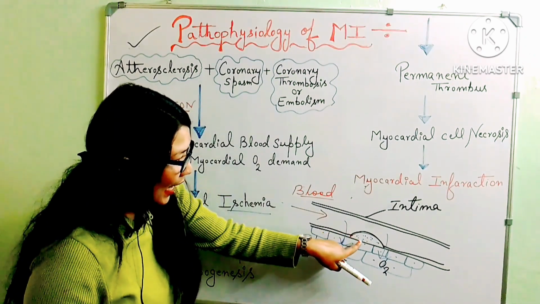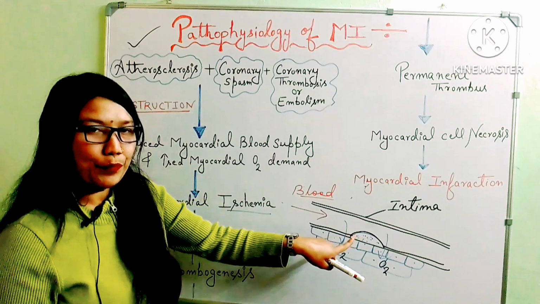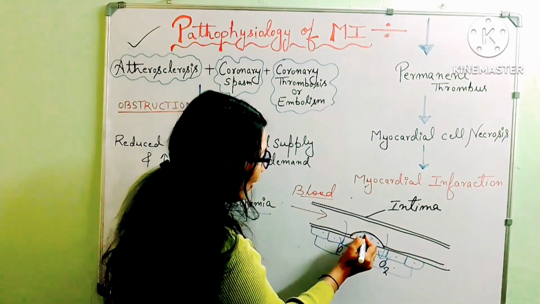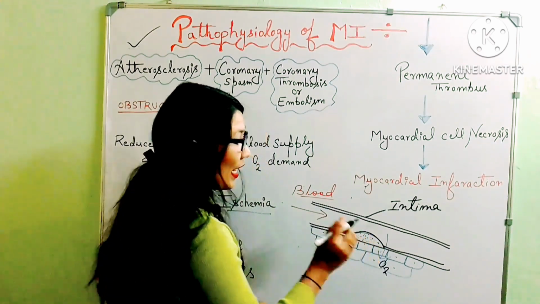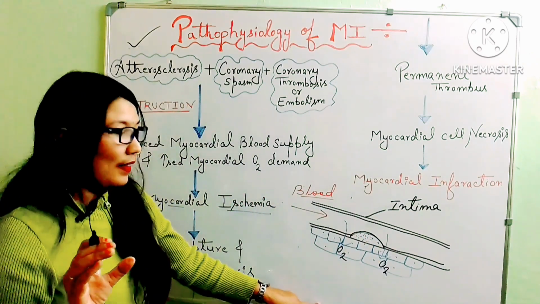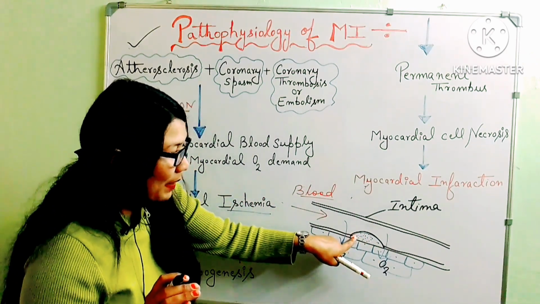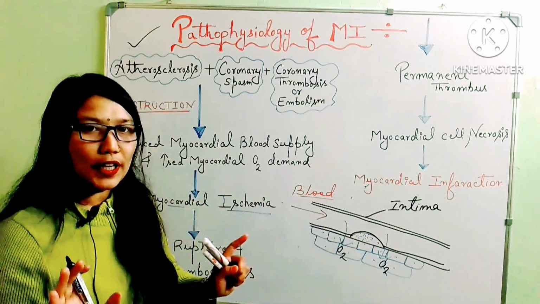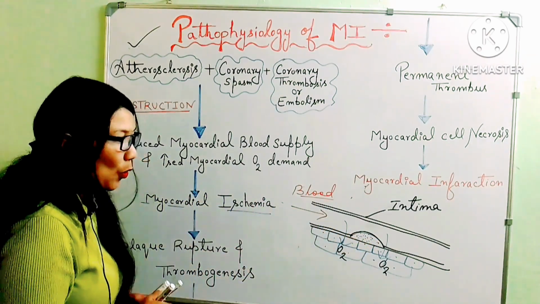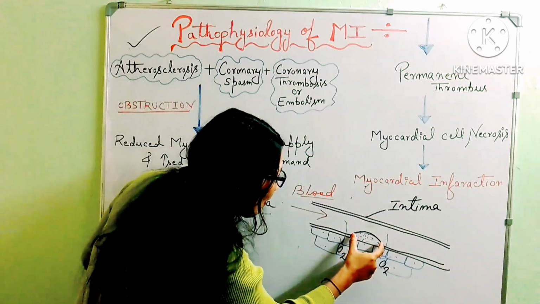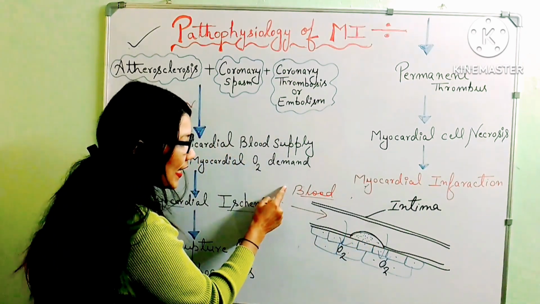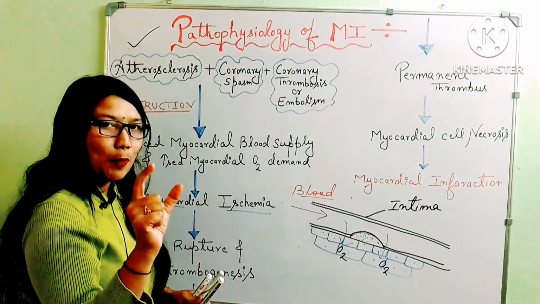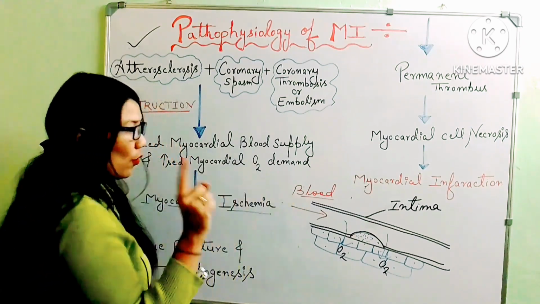This atherosclerotic plaque keeps growing. It is made up of fatty materials, cholesterol, lipids, and lots of monocytes and spongy foam cells. This atheroma is obstructing the blood flow.